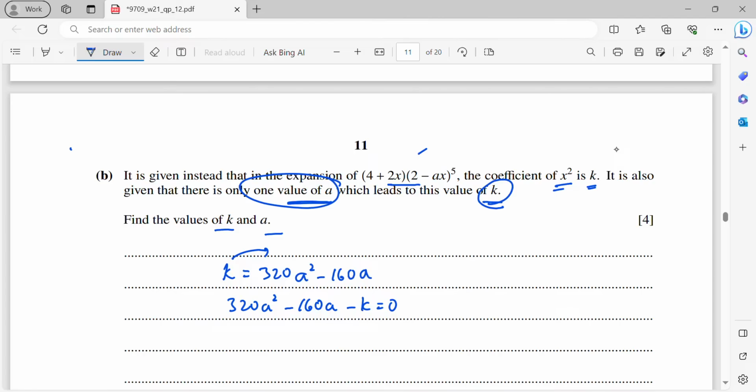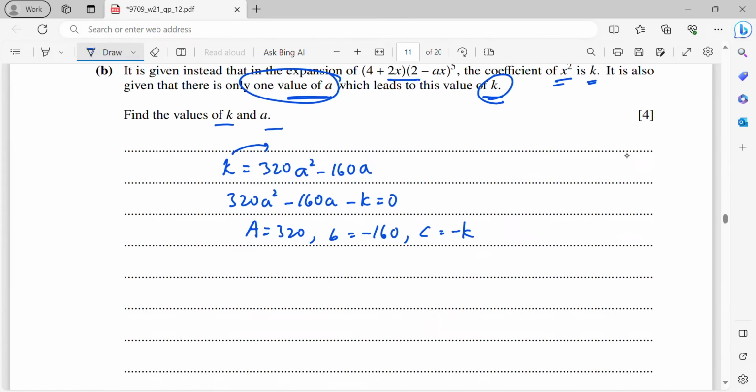Alright, so now I will write my A is 320, my B is negative 160, my C is going to be negative k. Instead of small letter a, I use capital letter A because my equation is in terms of the lowercase letter a. So now my discriminant is B squared minus 4AC equals 0.